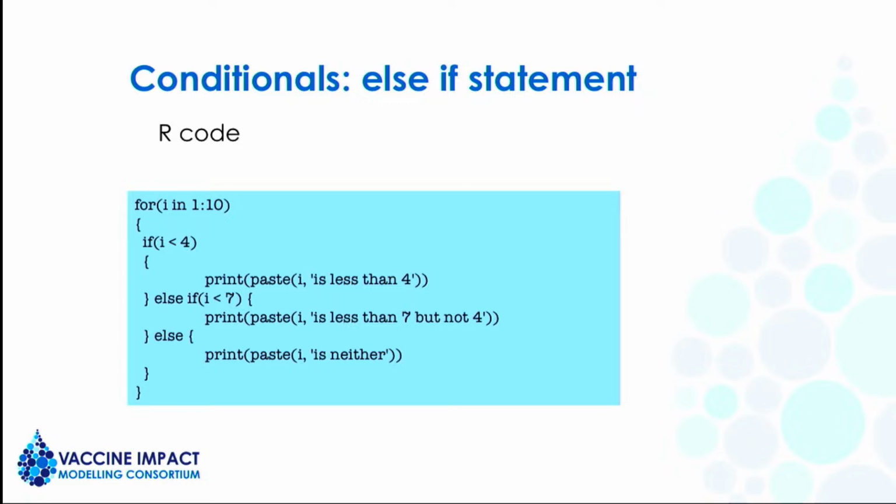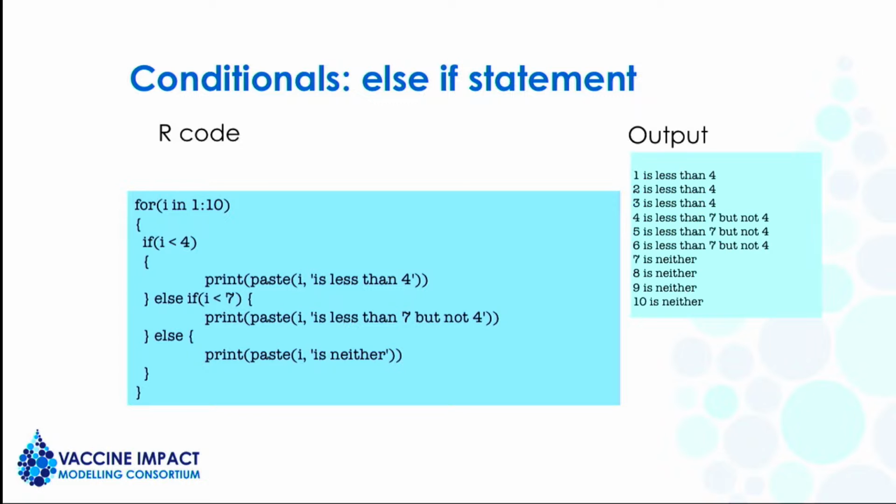You can combine together an else and an if, which is slightly more complicated. You might have a situation where you want to do something if I is less than 4, else if I is less than 7, we do something else. Else is the sort of final failsafe. So this code executes, and we get these 3 different statements being printed.